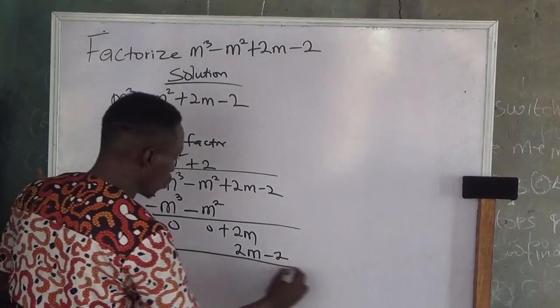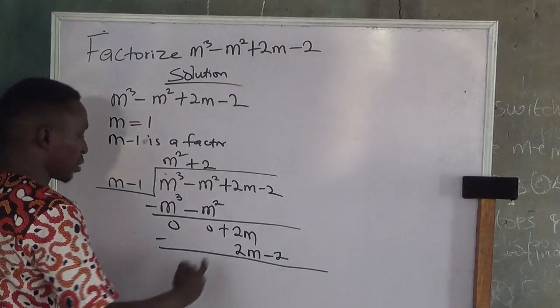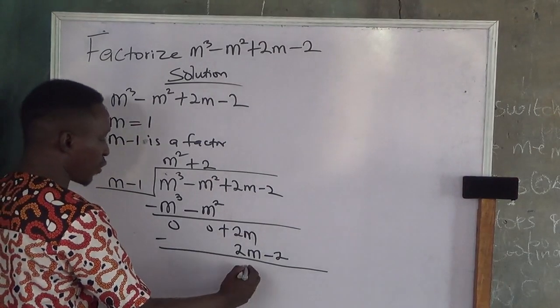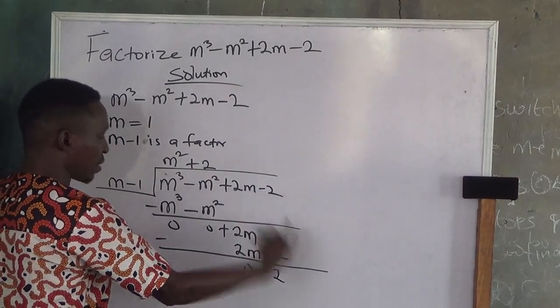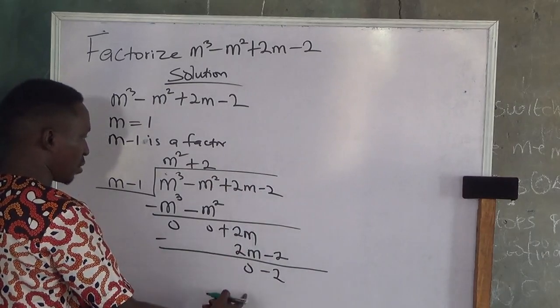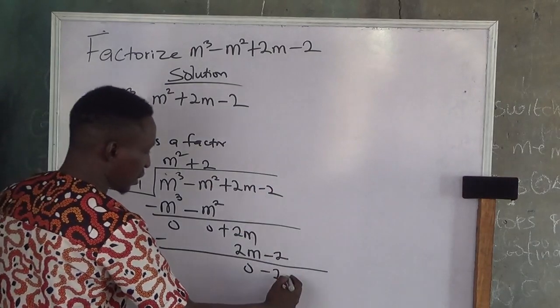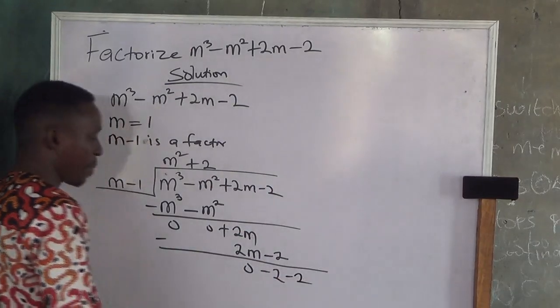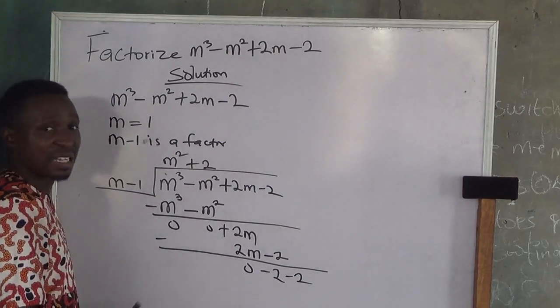Then you subtract again. 2m minus 2m will give you 0. Then you have minus 2. You bring down the remaining minus 2 that you have. Minus 2 minus 2.